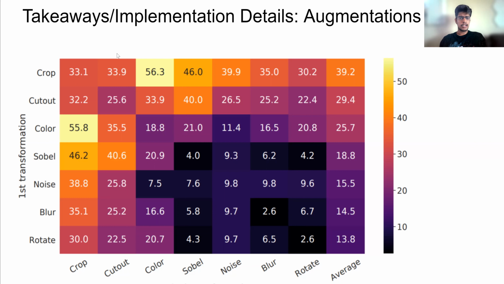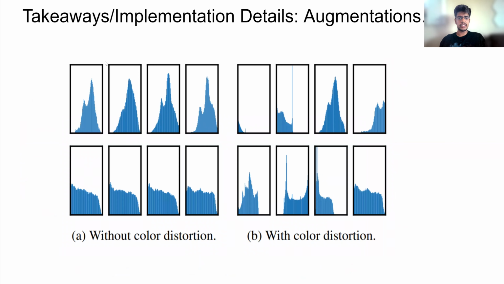This is more intuitive in the figure that they give. These are 2 cropped images, from 2 different images.